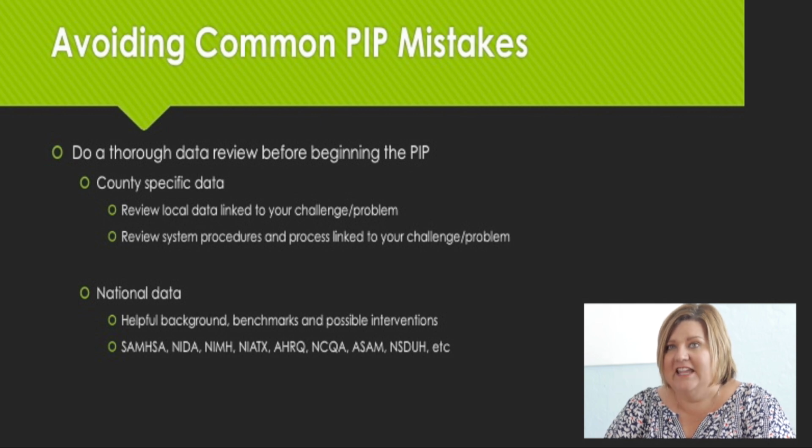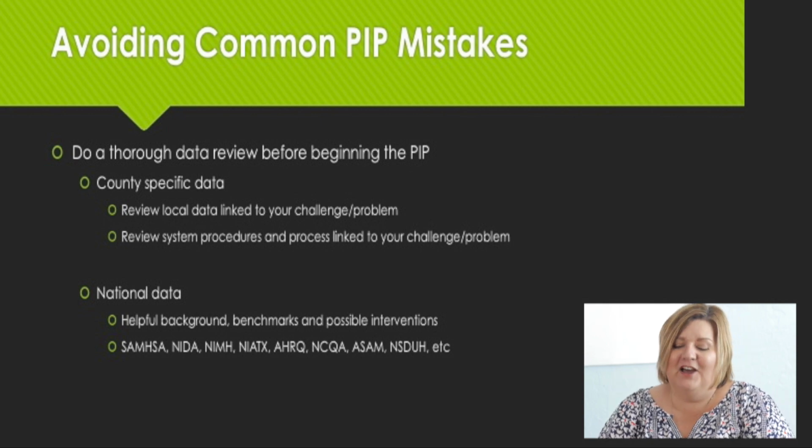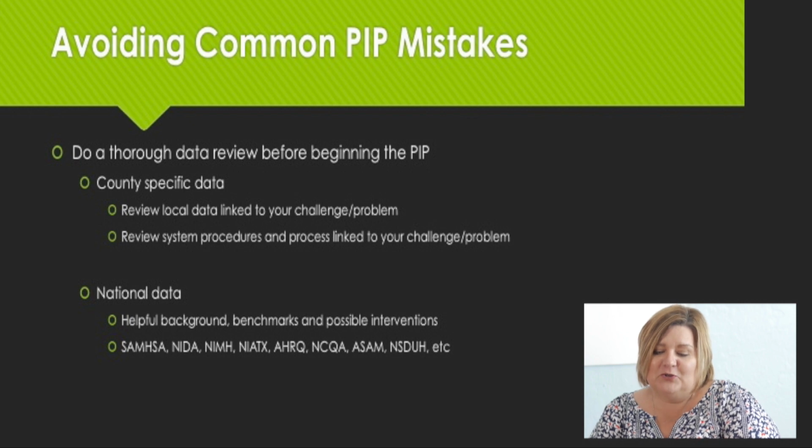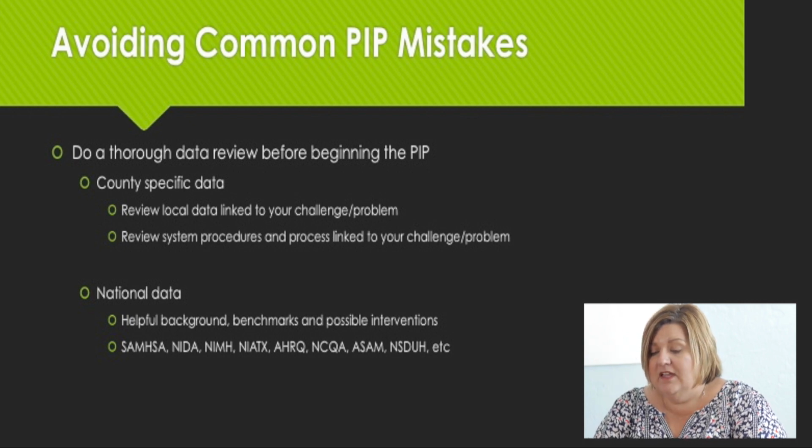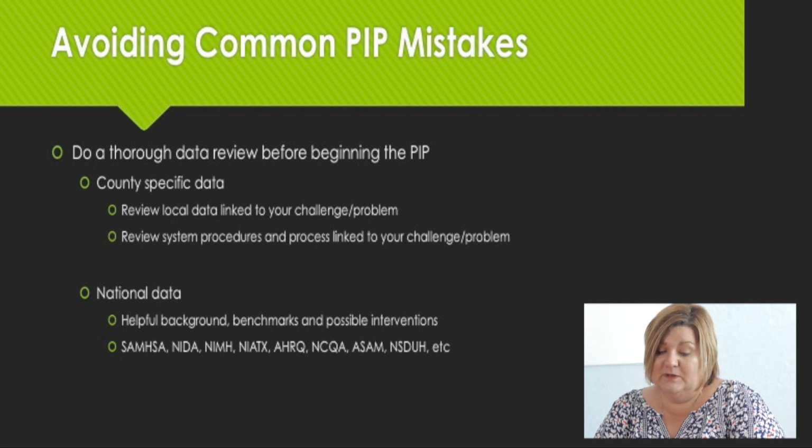A lot of times the PIP staff identify a problem, but they don't get down to the county specific level to identify exactly what the issues are in their county. We can't emphasize enough how beneficial the review of local data linked to your particular challenge or problem is to the performance improvement project process.